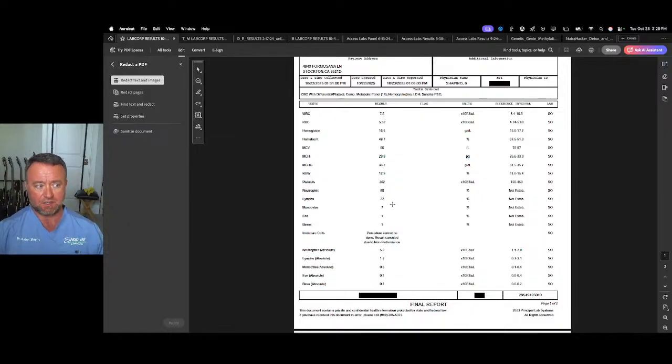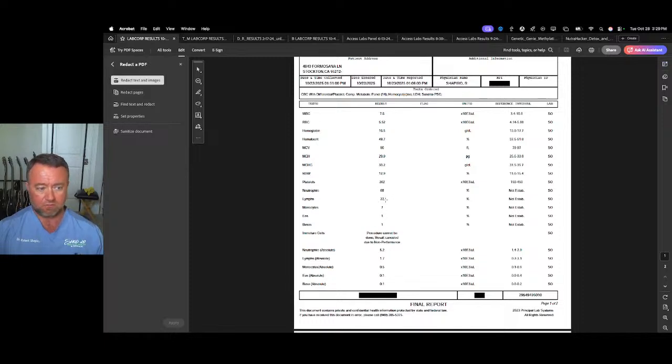I'm not going to get into it today, but if I see these neutrophils above 60, I start to be suspicious of some kind of infectious condition, like a bacterial overgrowth or something like that, right? Oftentimes it's somebody getting over a respiratory infection, but sometimes it's dysbiosis, or an H. pylori infection in the stomach, right? That can be another thing.